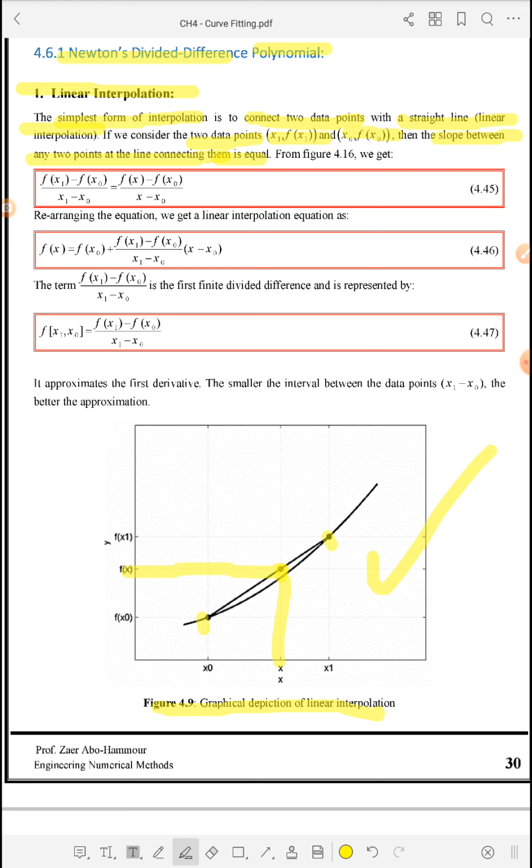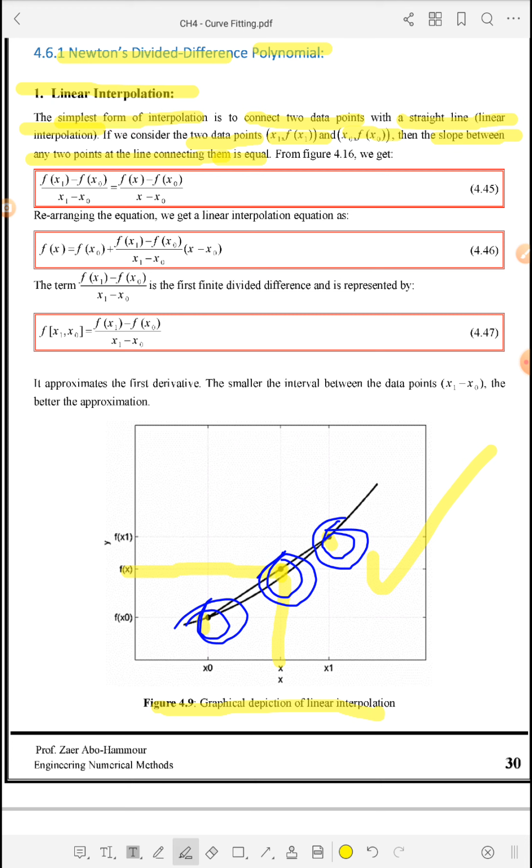So the slope between this point and this point is equal to the slope between this point and this point, and the slope of this point and this point. So any two points lying on this straight line will have the same slope.